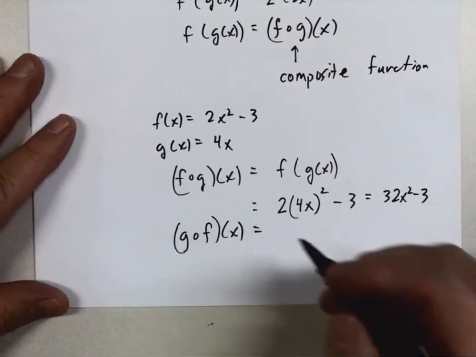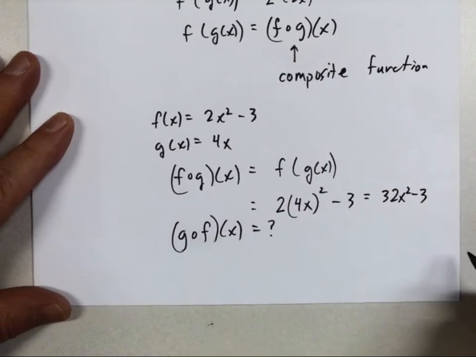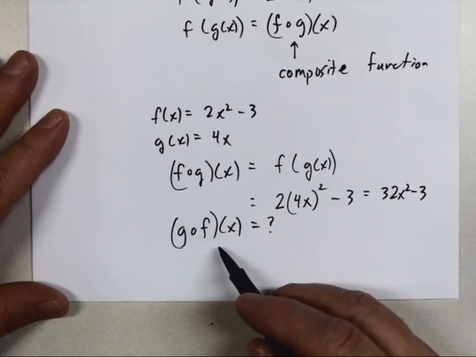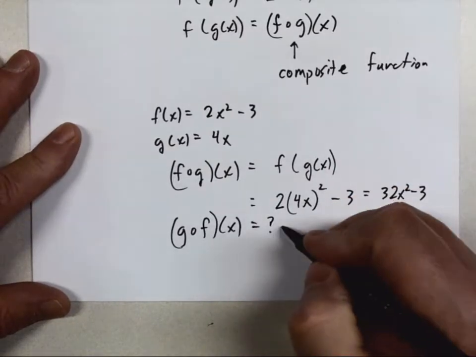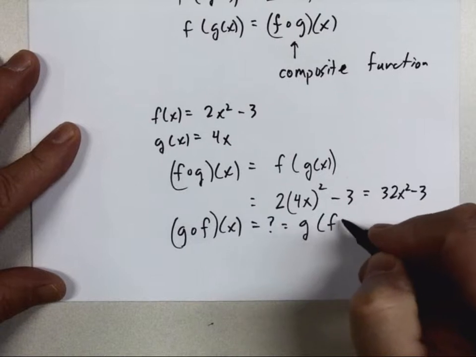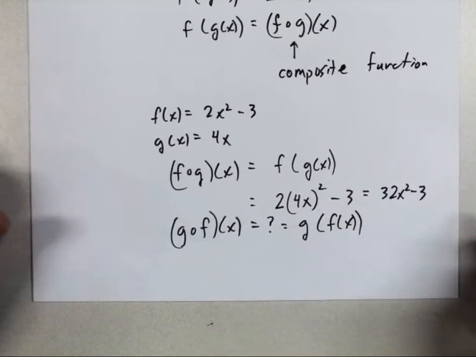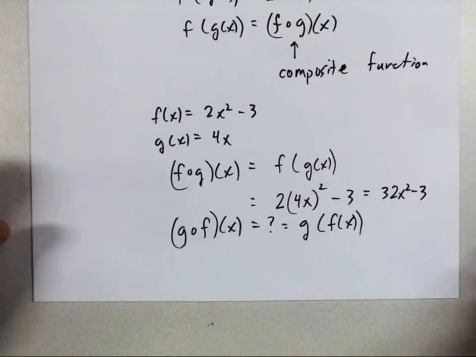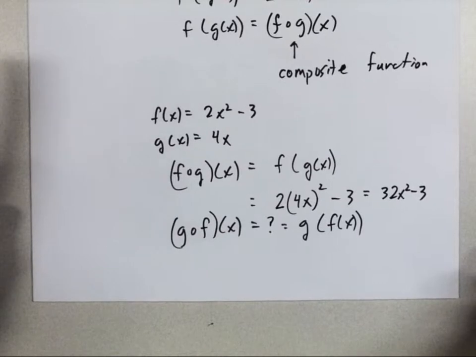They could have said, what is g composite f of x? Once again, the first thing I'm going to do is rewrite this. In this case, it's g of f of x.